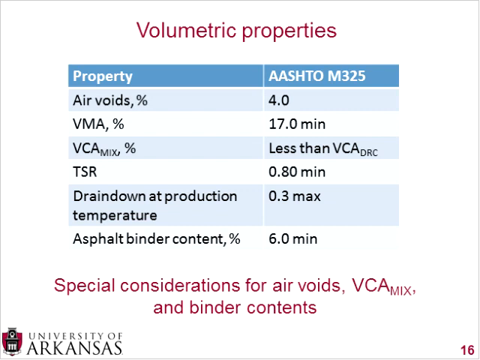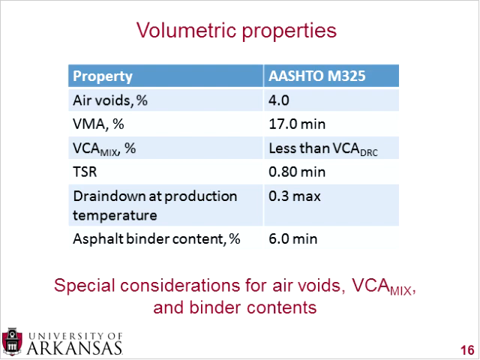Moving on from the aggregate properties to the volumetric properties, you can see here the air void design is 4%, just like any standard asphalt concrete mix design, but that's the maximum, and there's actually some allowance to go even lower than that, which we'll talk about in some upcoming slides. Your VMA is a 17% minimum.